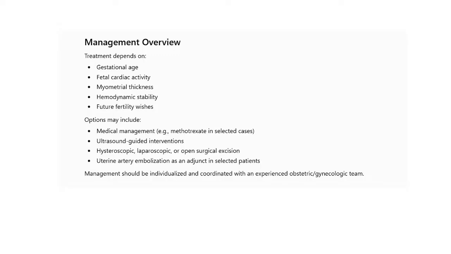Options may include medical management, e.g., methotrexate in selected cases, ultrasound guided interventions, and hysteroscopic, laparoscopic or open surgical incision. Uterine artery embolization is an adjunct in selected patients. Management should be individualized and coordinated with an experienced obstetric or gynecological team member.